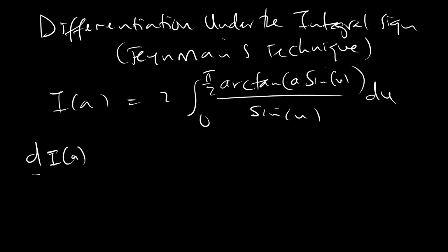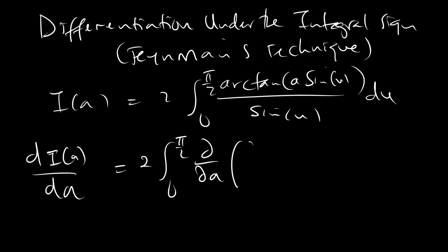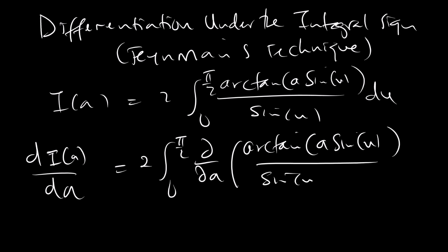And then we say the derivative is the same as twice the partial derivative of the arctangent of a sine u over sine u. What does that equate to?